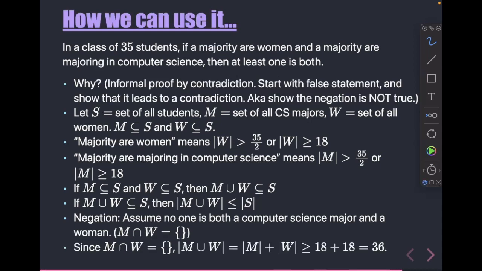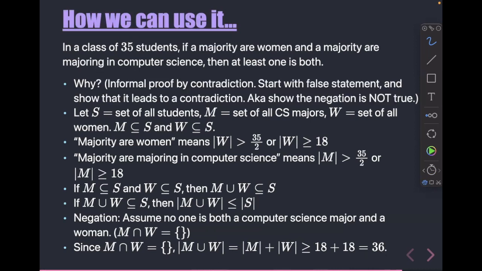Well, if the intersection is the empty set, we talked about this in our sets example, that means the size of the union is just the size of both sets added together. And we already said that the size of both sets is at least 18. So the size of the union is going to be at least 36.